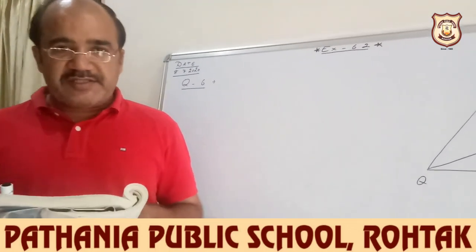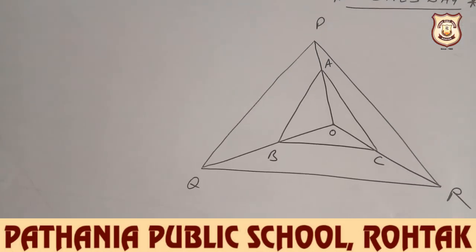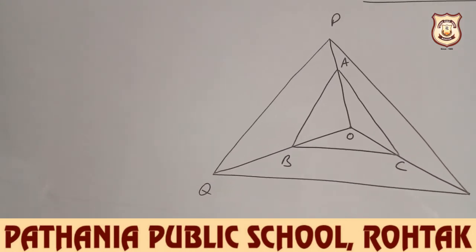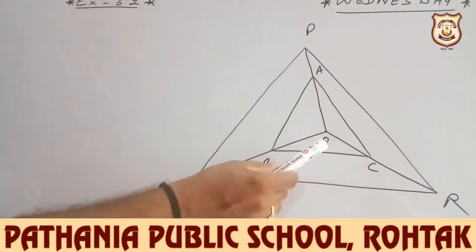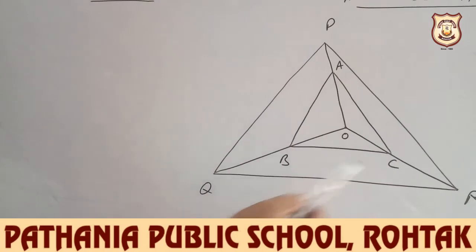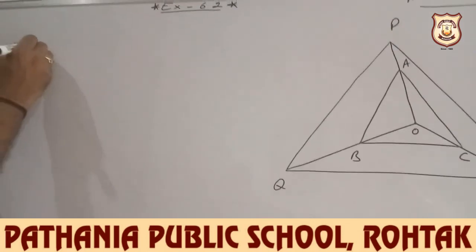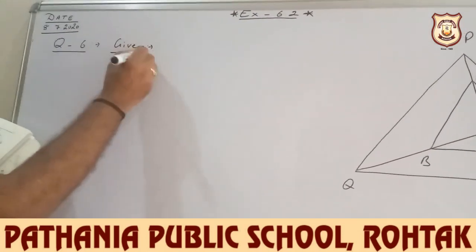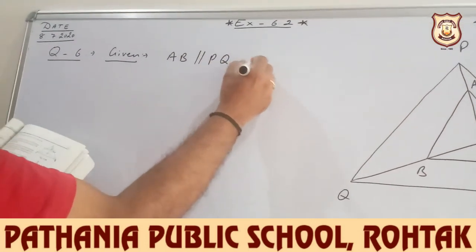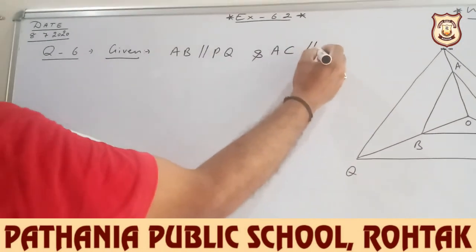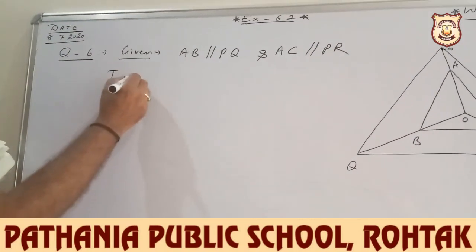Now see question number 6 of exercise 6.2. See the figure. In this figure A, B, C are points on sides OP, OQ, and OR respectively, such that, in given you can write, AB is parallel to PQ and AC is parallel to PR.